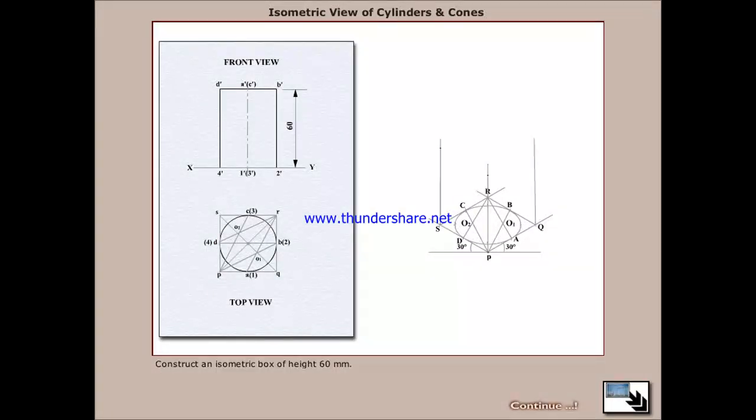Now construct the isometric box of height 60 mm. With this, construct a corresponding ellipse on the top of the box and draw the extreme generators of the cylinder.